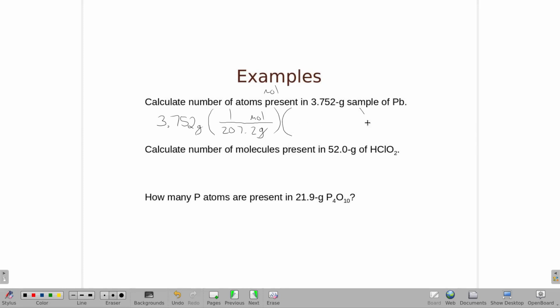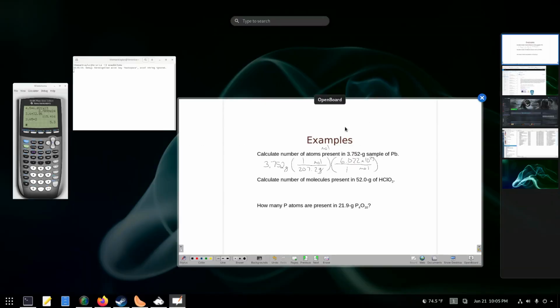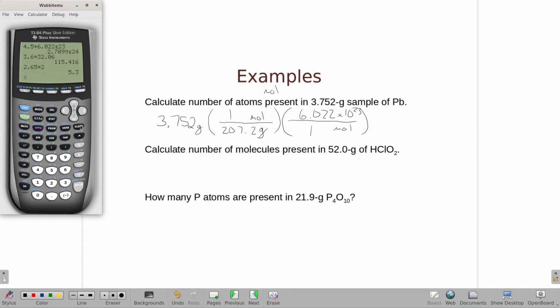And now, since this would now be moles, I can convert moles into atoms with just Avogadro's number. And this, on my calculator, will look something like so. 3.752 divided by 207.2 times 6.022 times 10 to the 23rd.